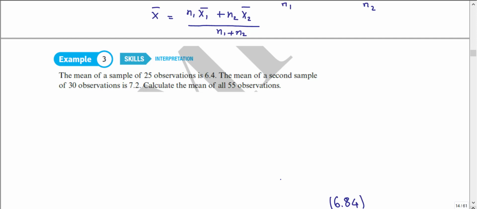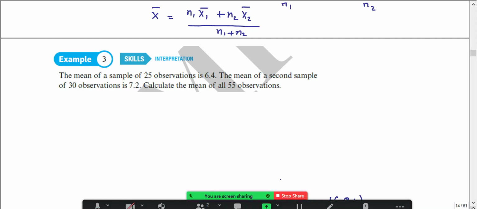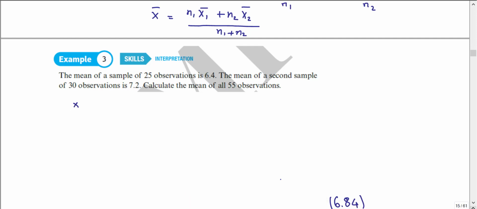The example says the mean of a sample of 25 observations is 6.4. So this is x1 bar. We have the mean 6.4. What's n1? n1 is 25.